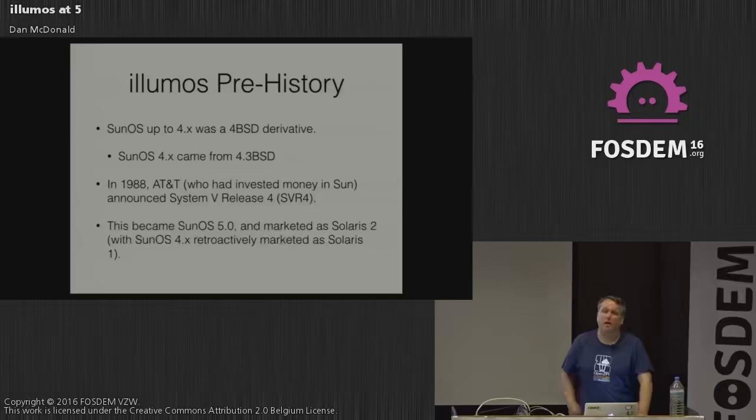It was going to merge BSD and old System V. It didn't happen that way, as we all know, but this eventually became SunOS 5.0 and was marketed by Sun's marketing people as Solaris 2, and SunOS 4 was retroactively changed to be Solaris 1.